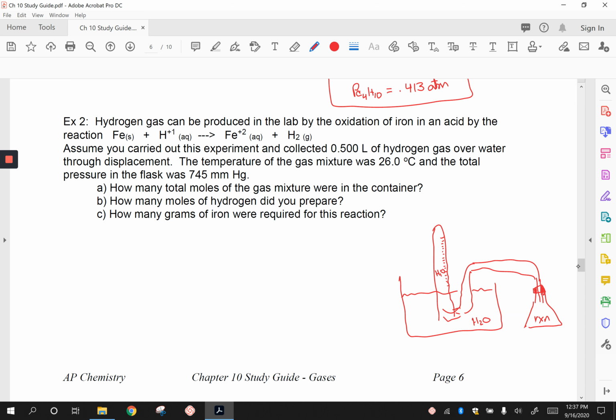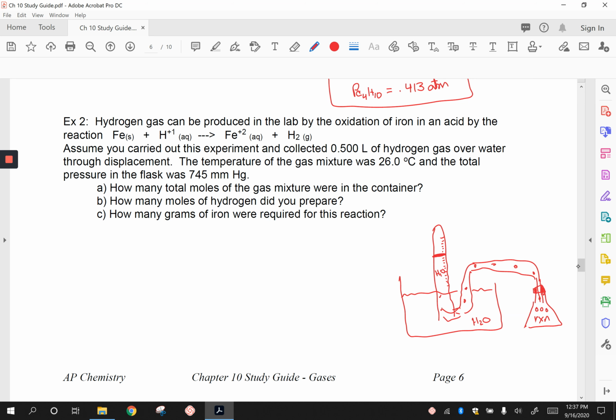As the reaction starts and you form a gas, you see bubbles here, the bubbles start going up through, and then they start bubbling here. And the water that's in your eudiometer gets displaced, and so this would be your gas.